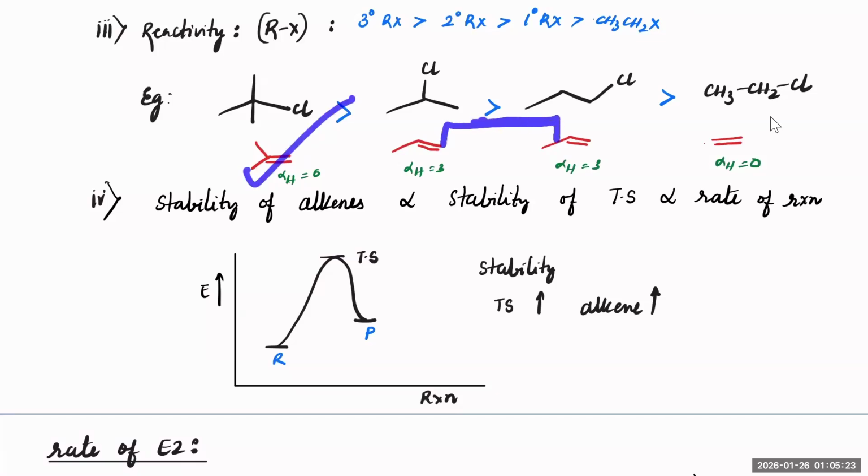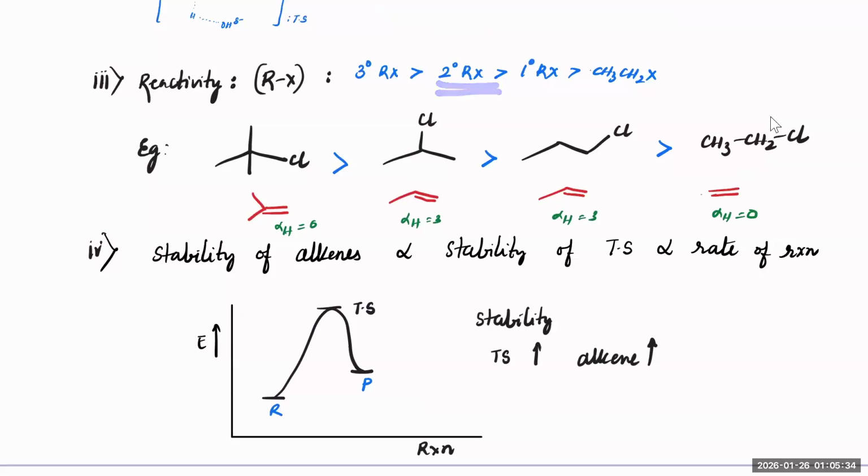And between these two, actually they are the same. But this is derived from 2-degree, and this is derived from 1-degree. And earlier we already spoke that a 2-degree alkyl halide is more reactive than 1-degree. So hence this would have more chances of getting into alkene faster compared to this one.